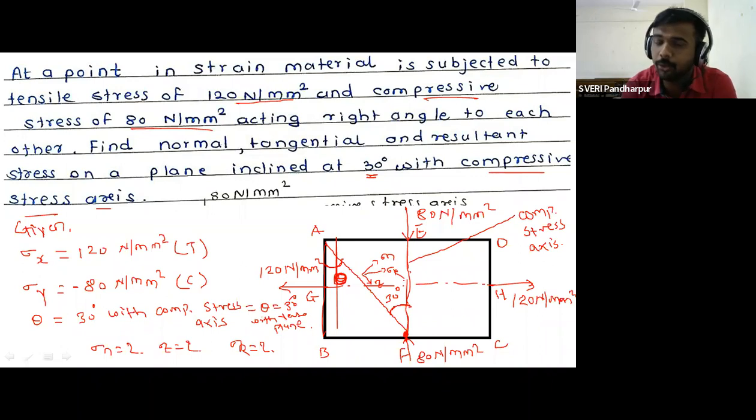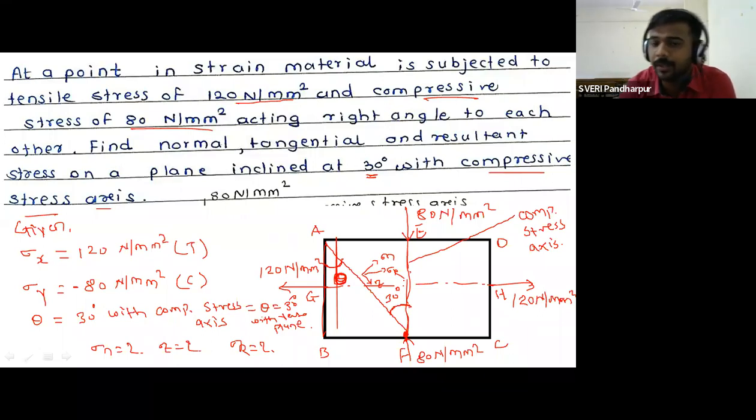Don't forget to take the negative sign of sigma y during the calculation, otherwise your answers will be wrong. So while writing sigma y, give it the negative sign. If any stress is compressive or negative, while writing the given data, you have to represent it as negative. Therefore, we can take that negative value as it is in the calculation.